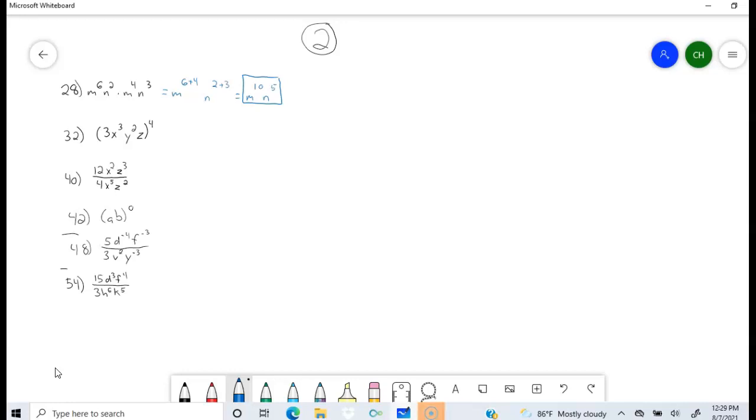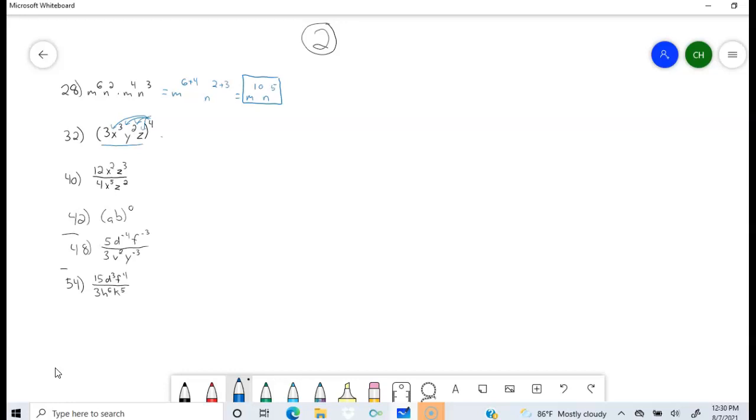Number 32, when you raise an exponent to an exponent, we multiply those. We have the base of this, which is really important to recognize. The base of that exponent is everything inside the parentheses here. So that's going to distribute to each one of these. It's going to distribute to this, this, this, and that one.